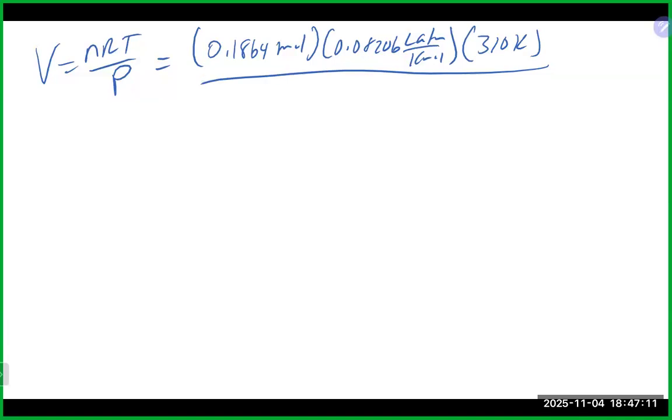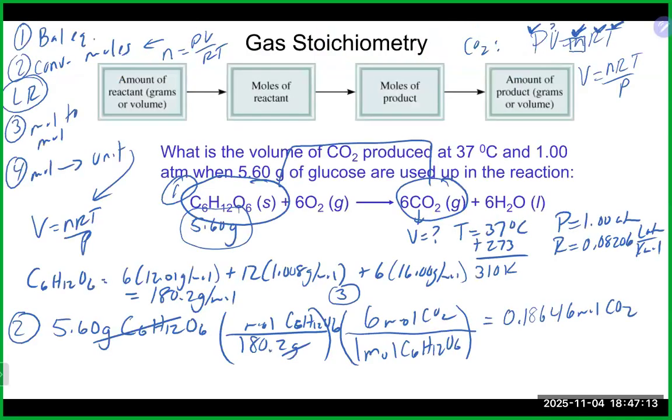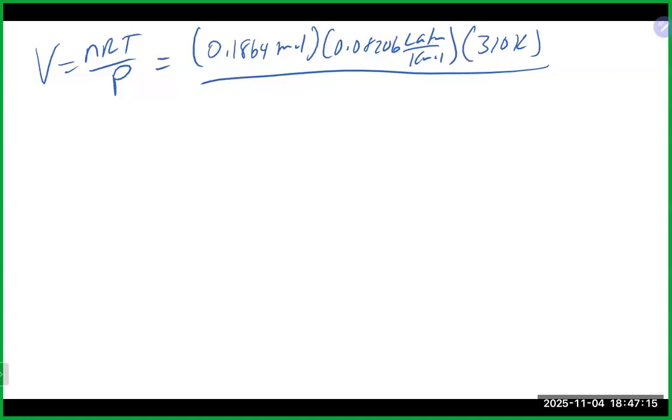And our pressure was, where'd it go there? 1 atmosphere, not too bad. Atmospheres cancel, Kelvin cancel, moles cancel. That's going to leave us volume. And here that would be that times 0.08206 times 310, about 4.74 liters of CO2.